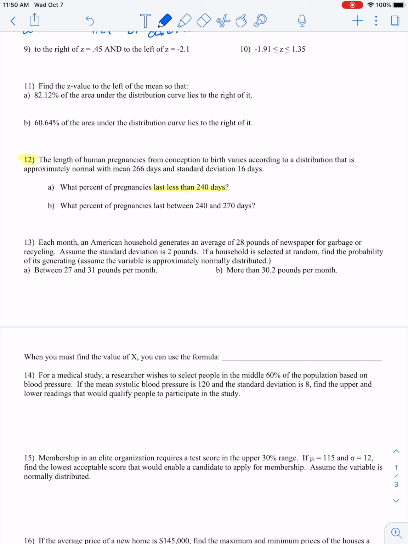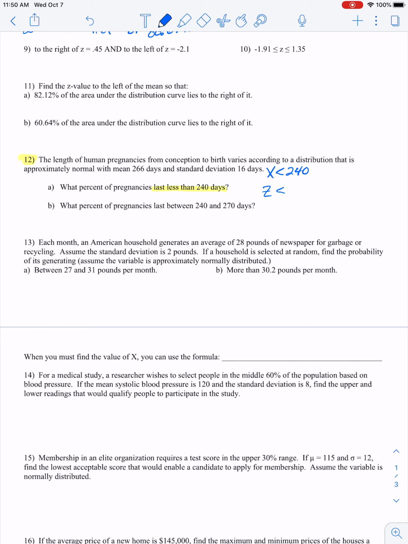All right, so step one. We want to write this problem in terms of the random variable x. So we're going to say x is less than 240 days. Step two is to convert that to a standard score, or a z-score.